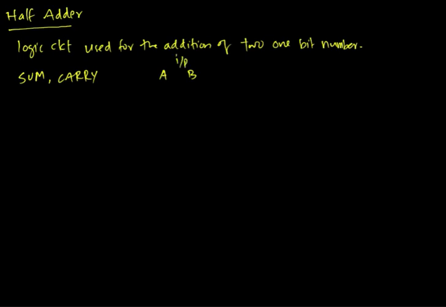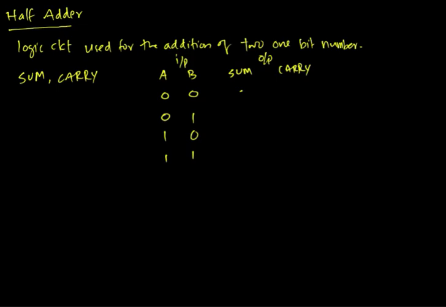Then the possible cases are: A is 0 and B is 0, or A is 0 and B is 1, or A is 1 and B is 0, and the last possibility is both inputs are 1. Corresponding to the addition of these two 1-bit numbers A and B, we have the outputs sum and carry.